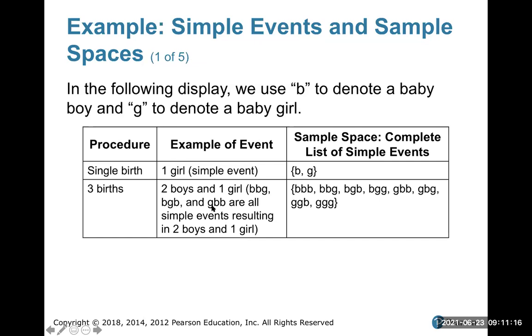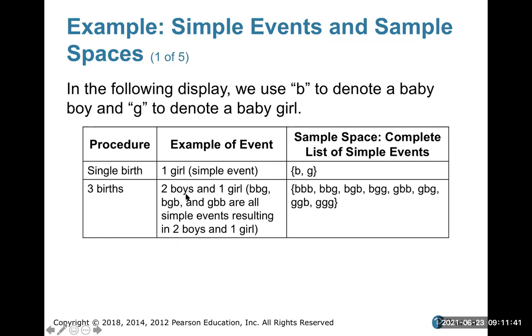Or the first one be girl and then the second and third children be boys. Each of them are simple events, but that's how they break down. And the entire sample space, please look at the sample space here. Sample space means all the possibilities of those three births.